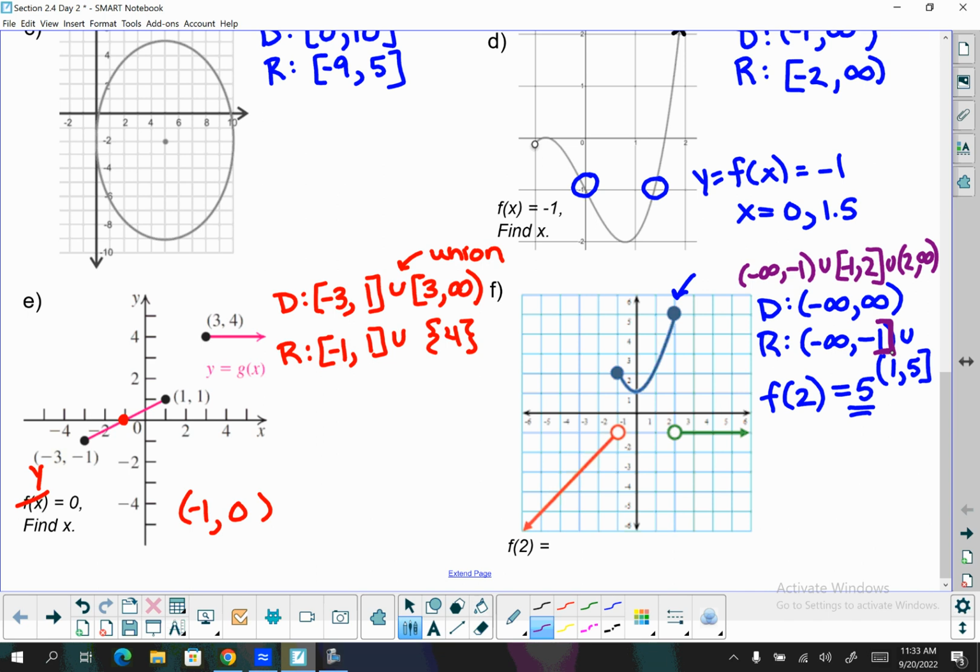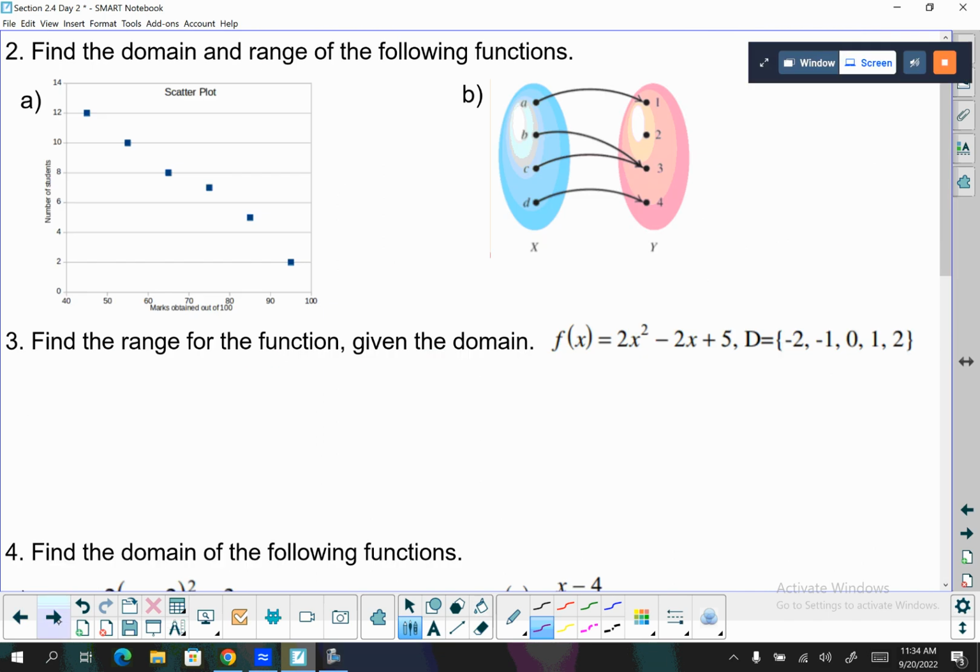The next ones are going to be pretty quick. So let's say I have domain and range of a scatter plot or those correspondence diagrams we saw yesterday. If you don't have a group of numbers, continuous values in a line, you are listing values separately. So like for this scatter plot for my domain, I would just list all of the x values.